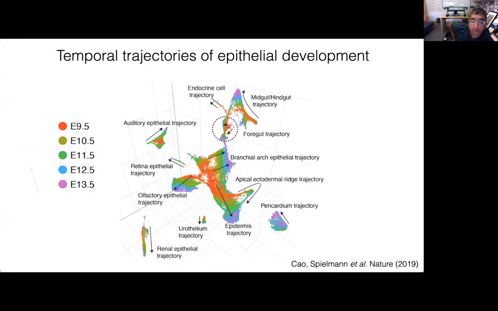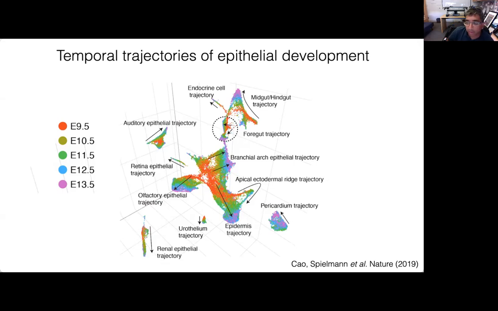But moreover, even though the algorithm does not have access to the underlying timestamps on the cells, we see this very nice progression from 9 to 10 to 11 to 12 to 13 in terms of the way that the data self-organized as little layers, almost like a triple-decker sandwich. And so the pockets of orange here correspond to progenitors that were presumably present at E9.5 and then branching out in different ways in time over those 4 days.